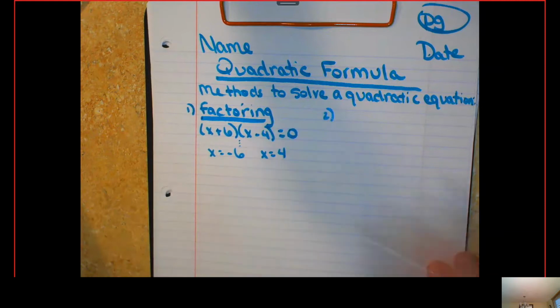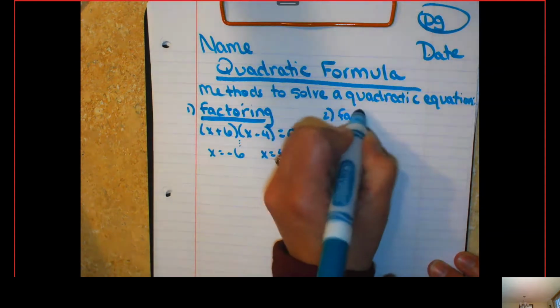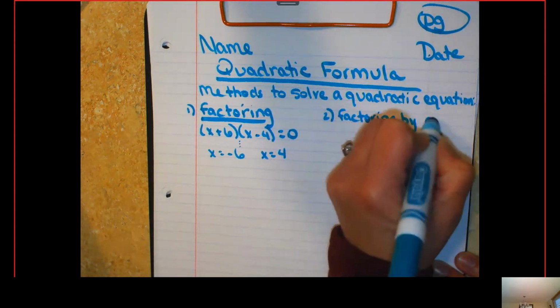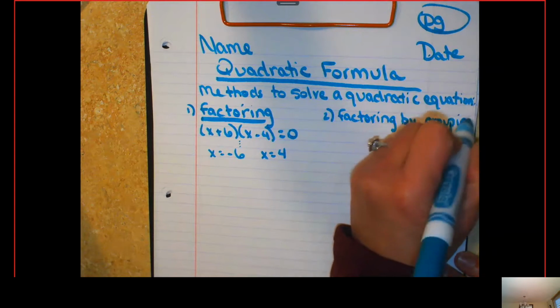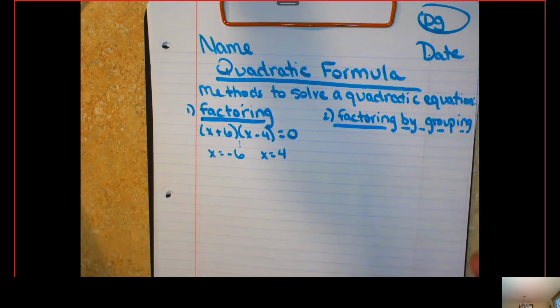The second way we learned was factoring by grouping. So can you write factoring by grouping? Factoring by grouping. So we would use factoring by grouping if we had a number in the front of our x squared.